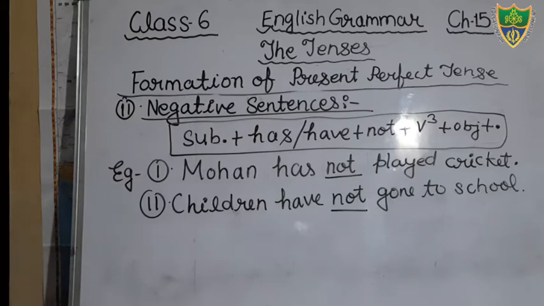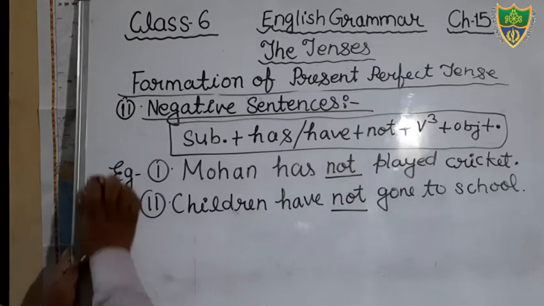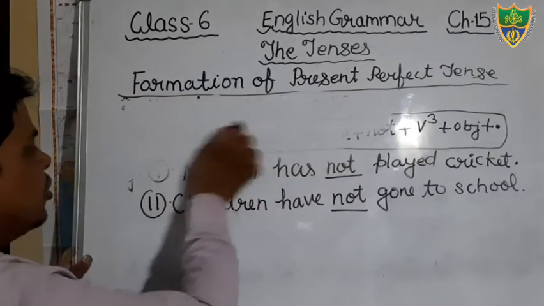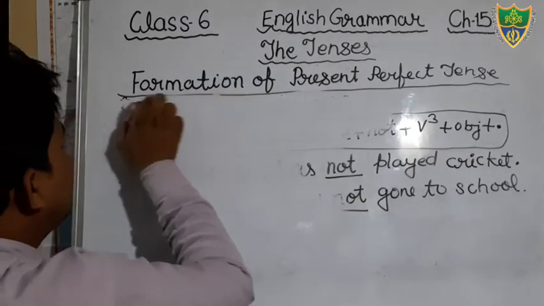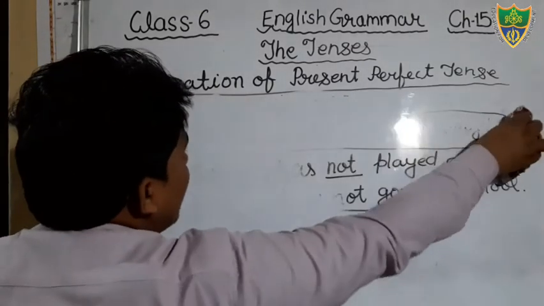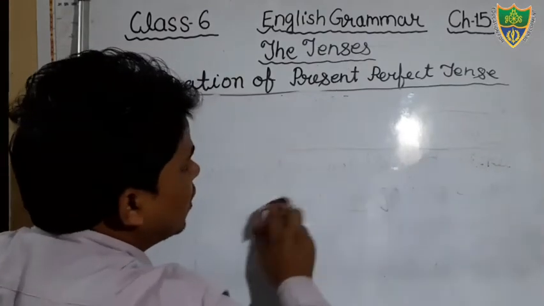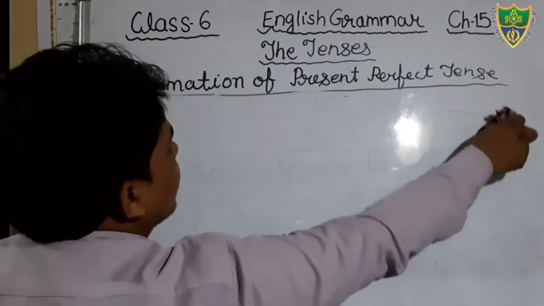Now we will discuss the interrogative structure, interrogative sentences. Okay students, I am going to erase it. So dear students, you all know that interrogative sentences are of two types. Yes/No type, that is known as single interrogative, and another is WH type, that is also known as double interrogative.